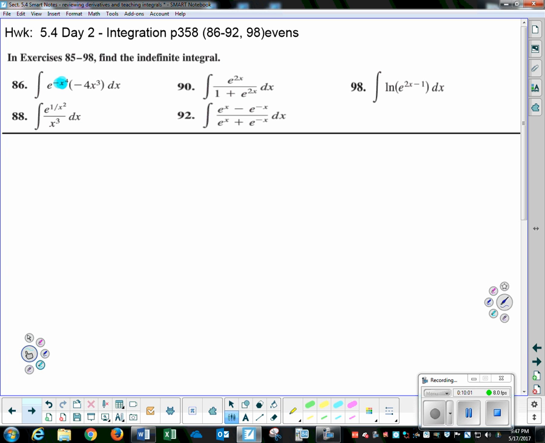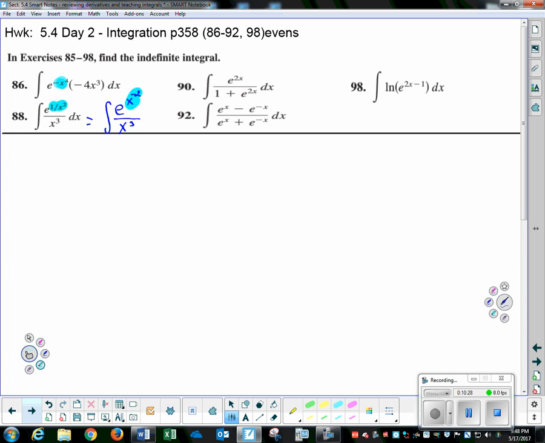And for 88, I would let my u equal that. And I would also rewrite this as e to the negative 2 over x to the third. Now let e to the negative 2 be your u. Okay? And I bet you can guess on 90 and 92 what you should let your u equal.